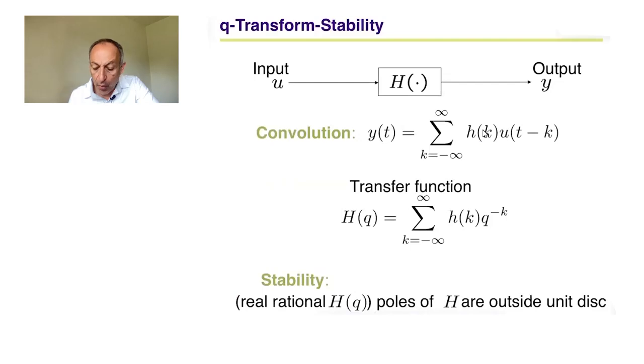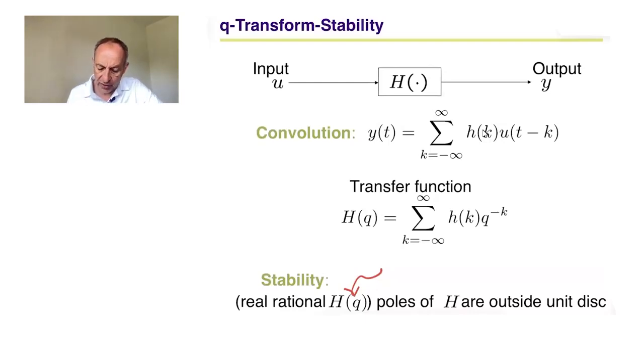The one thing I want to say without proof right now, but we will have an opportunity to think about this a little bit more, is that the Q transform also relates to the notion of stability in a quick way. That is, the system is bounded input, bounded output stable. I'm not writing this as an exact theorem because it can be a little tricky, but in principle, in a sense of approximation, what you need to do is look at the poles of H of Q. Remember, H of Q is a function of complex variables, so it has zeros and poles.